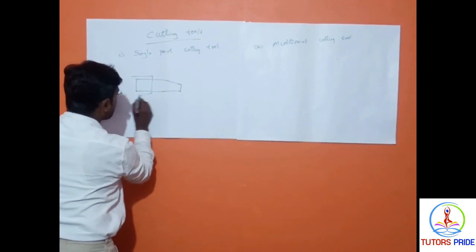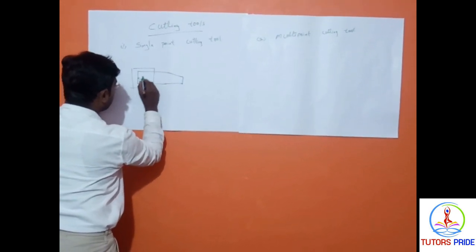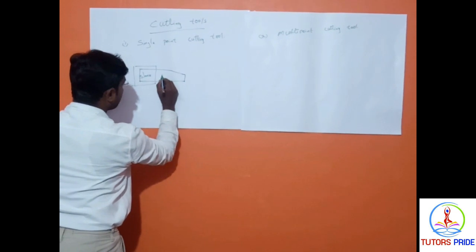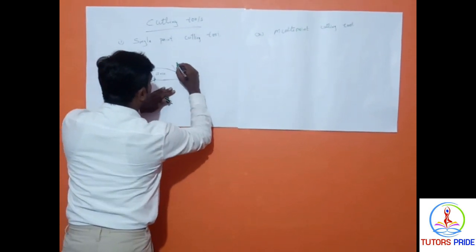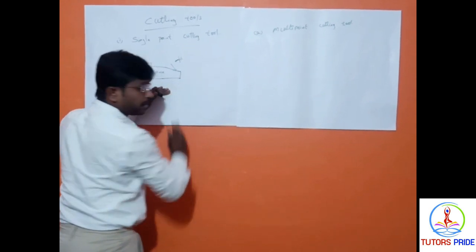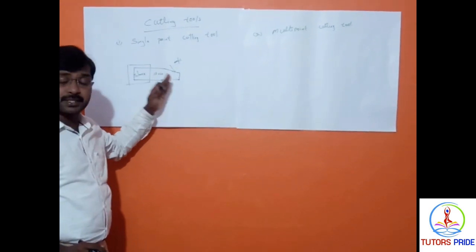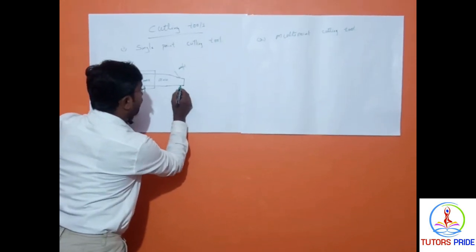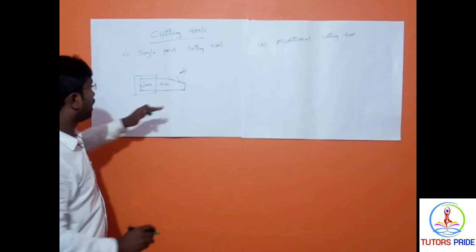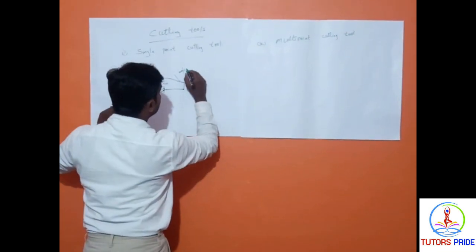So this is called the shank, the face, and the angles. It may be the back rake angle, clearance angle, as well as the side rake angle. So these are the rake angles.